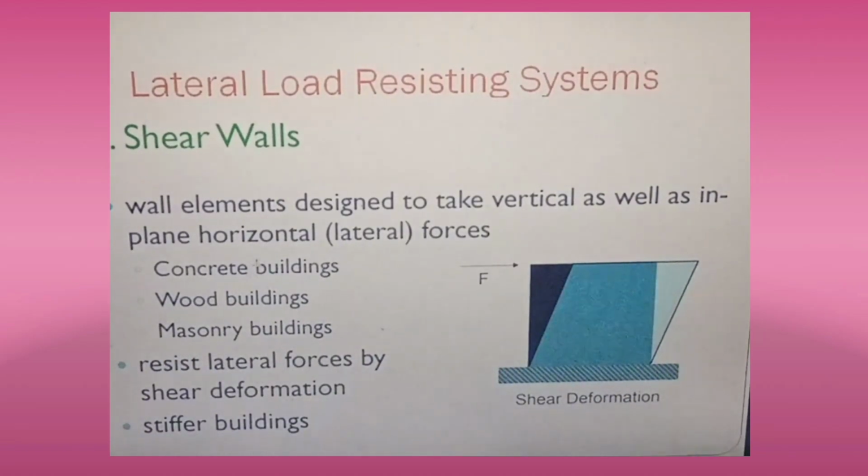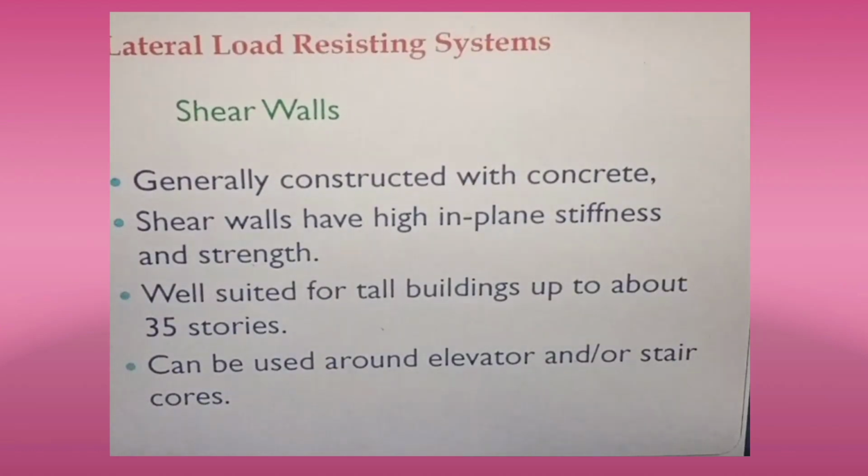Shear walls can be used in concrete, wood and masonry buildings. As I told, shear walls resist lateral forces by shear deformation, and they make buildings stiffer. Come to the next slide.